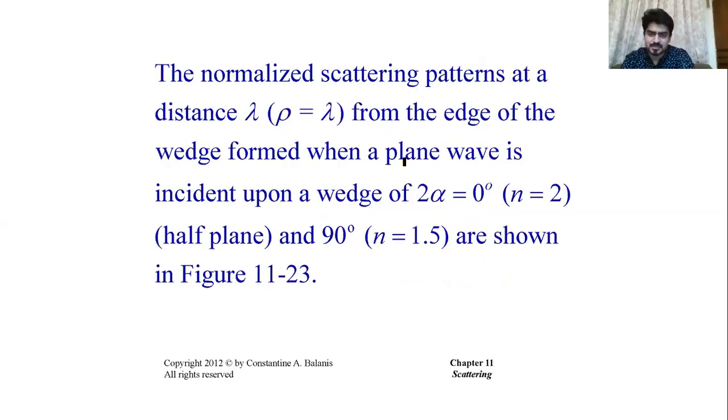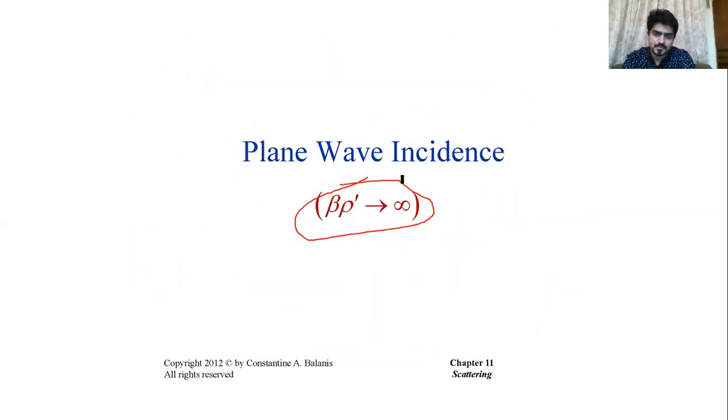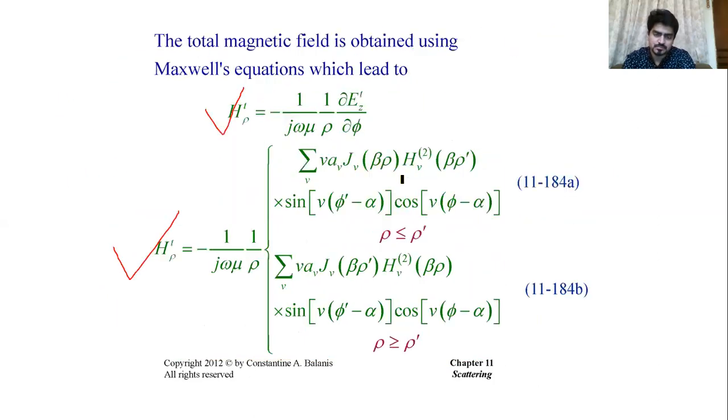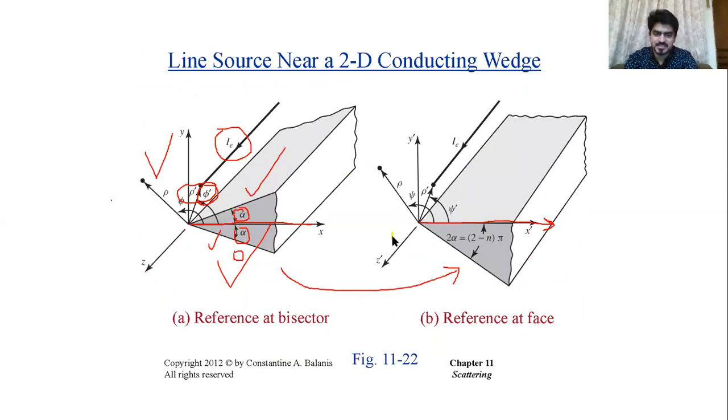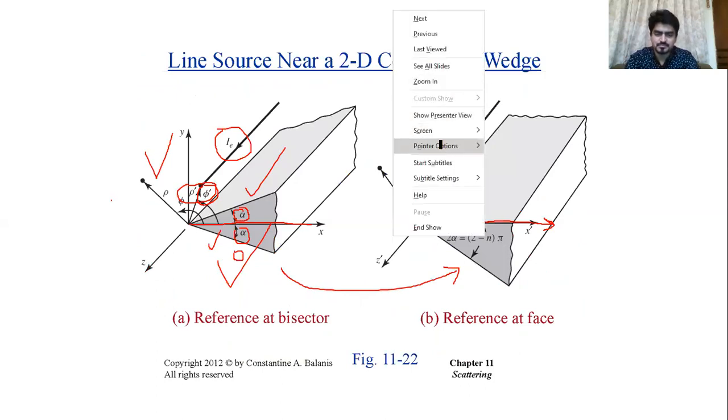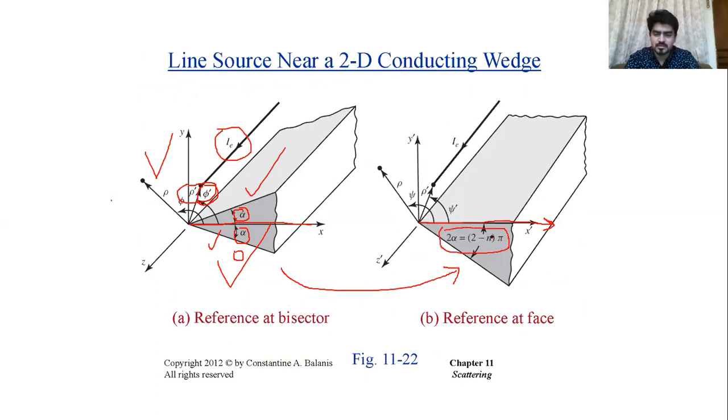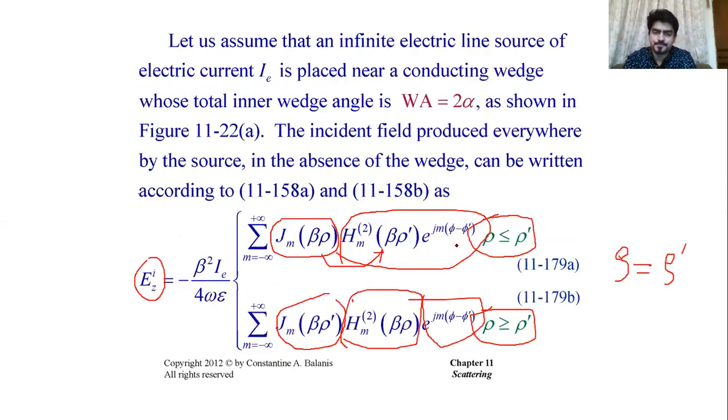In this expression, when n equals 2, your alpha is going to be 0. So it's a half plane.